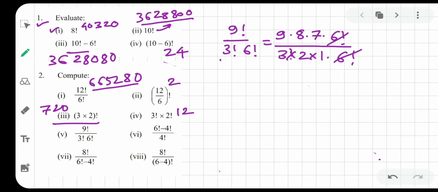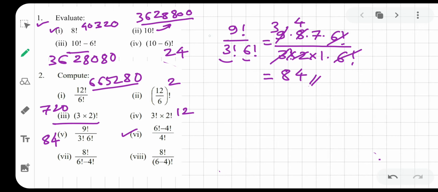You could have cancelled 3 factorial also, but it's always better if you cancel out the bigger terms so that the calculation is easier. Now this 3 into 3 here we will have 3 and 4. So our answer is 84. I hope you know how to multiply the numbers, so that's with you now.